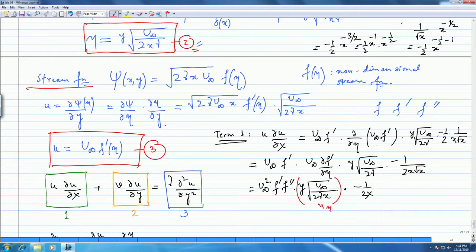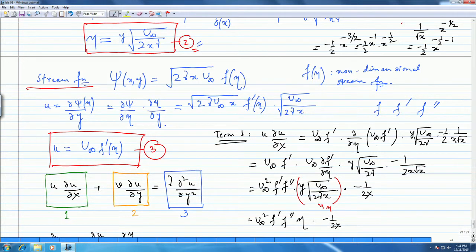This whole thing is eta. So therefore, what we get is u infinity square f dash f double dash into eta into minus 1 by 2x.